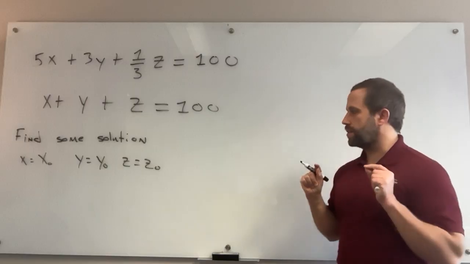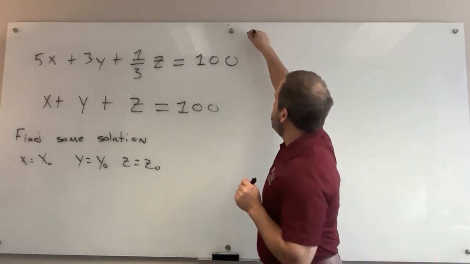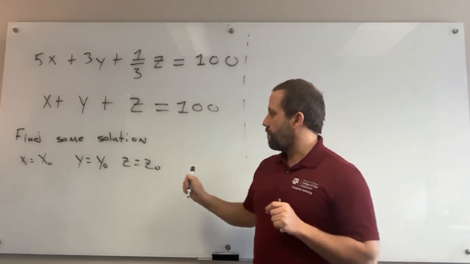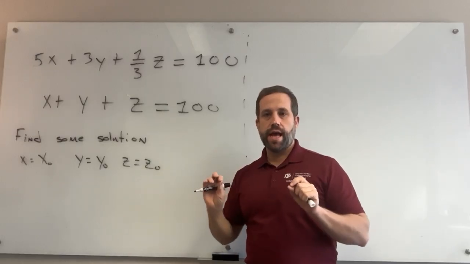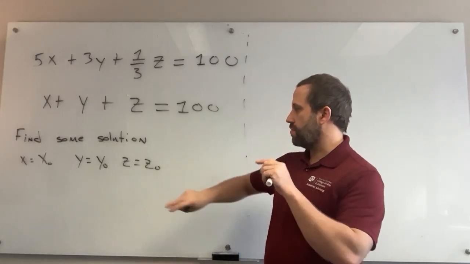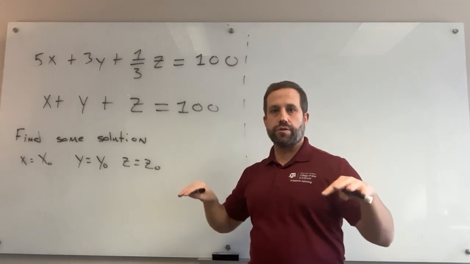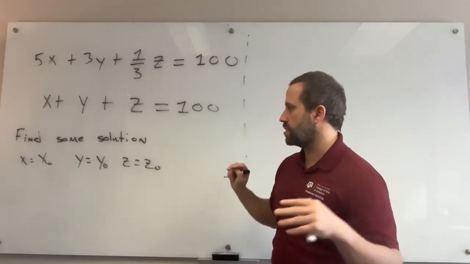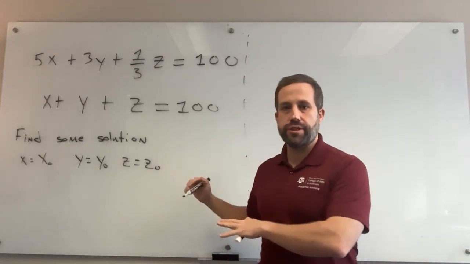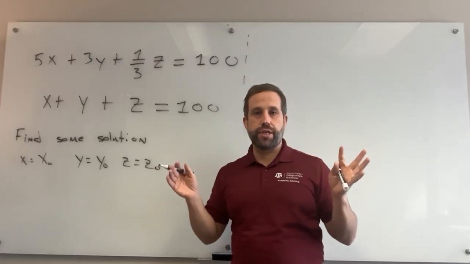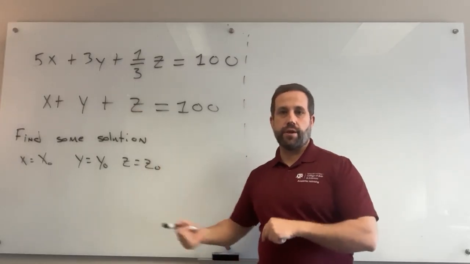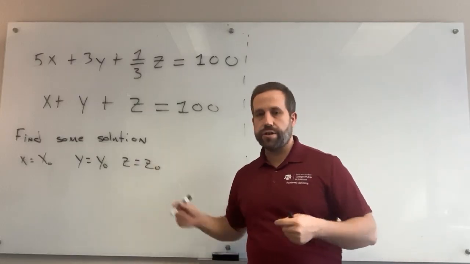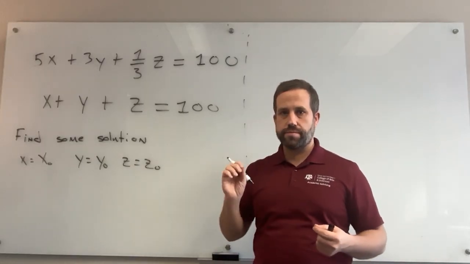And now from there, I want to figure out, if I have a solution, how I need to increment these values to get another solution. So if you have any solution and you decrease x by this much, you increase y by this much, and decrease z by that much, that's going to give you a solution.